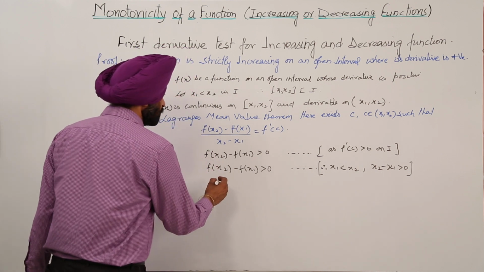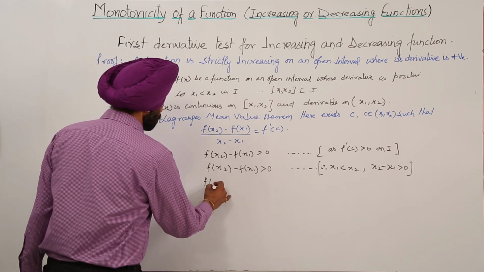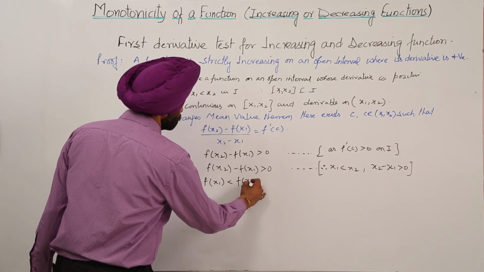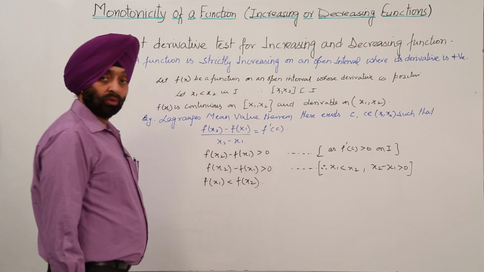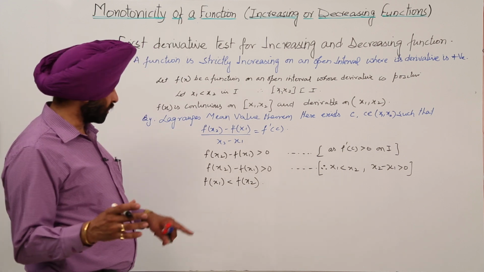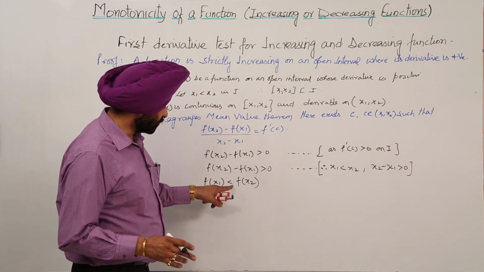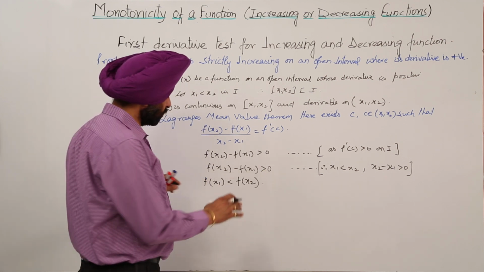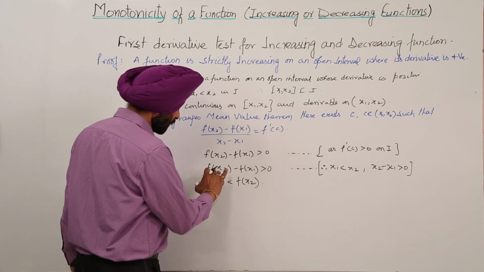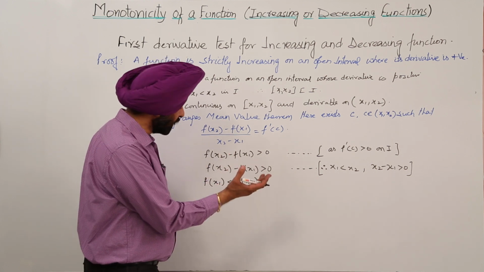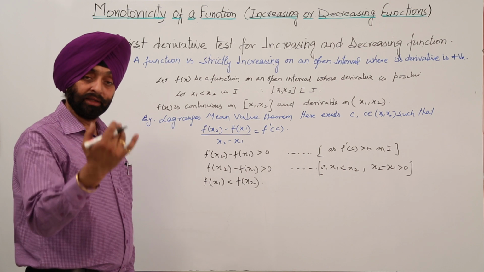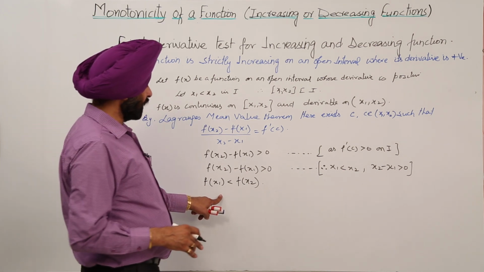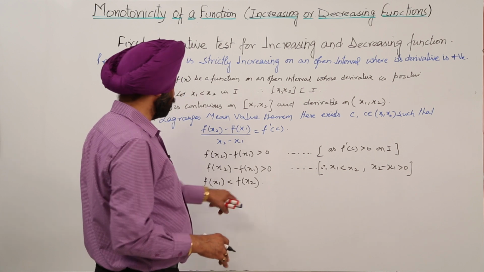Now for this part what we are having? f(x1) is less than f(x2). Okay, inequality, sorry, not identity, inequality. I have changed the inequality from greater than to less than, because it would have been minus f(x1) and this goes to that side, becomes minus f(x2), and then the inequality will be changed when the signs are deleted. Okay, so f(x1) is less than f(x2).